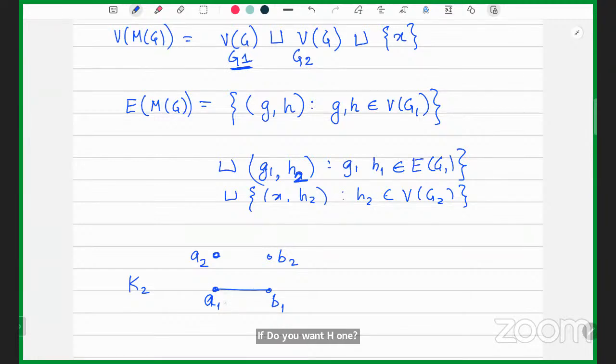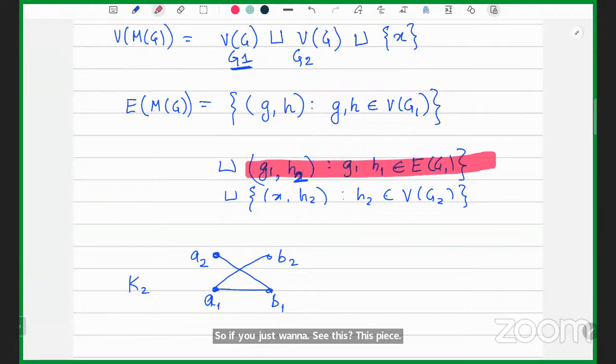Since A1 B1 is an edge, I will put A1 B2 as an edge. Similarly, since A1 B1 is an edge, A2 B1 is also going to be an edge. So these pieces are given by these edges.